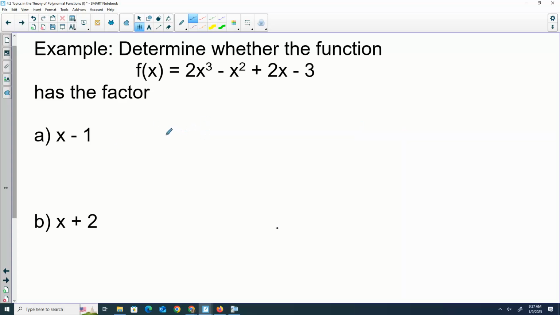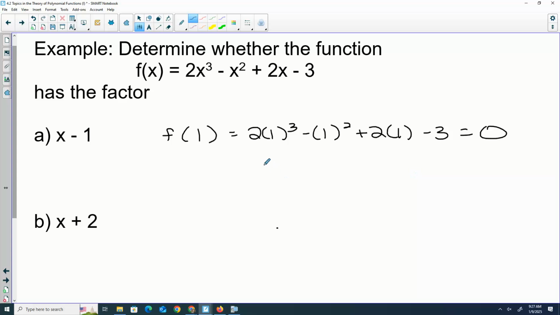So if I wanted to do the remainder theorem, what number would I have to plug in for my x? 1, because that's what makes x minus 1 equal 0. So you could put that in for all of your x's. And you get 0. So is it a factor? Yes.